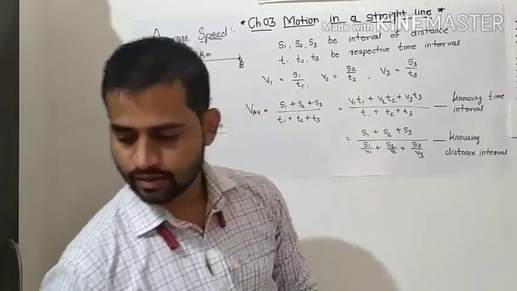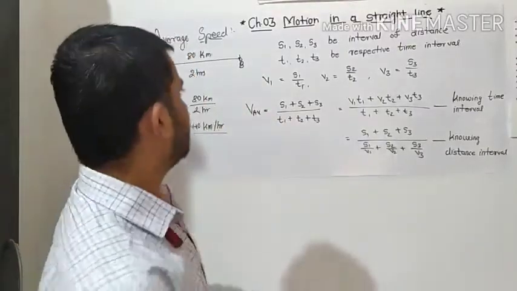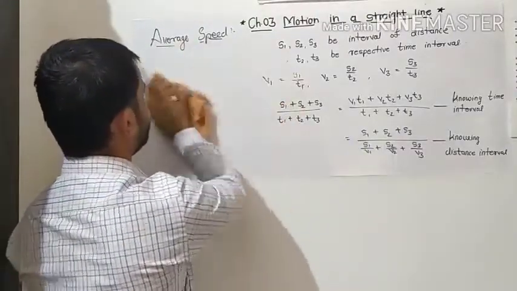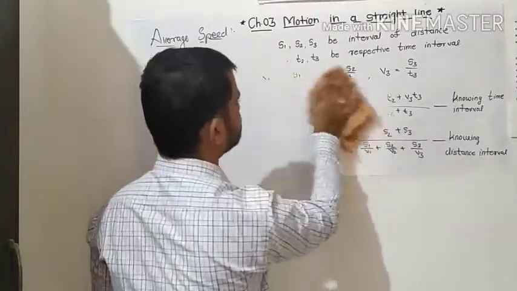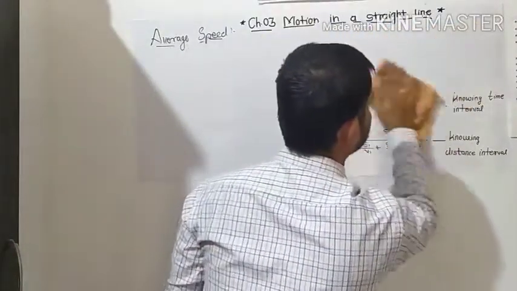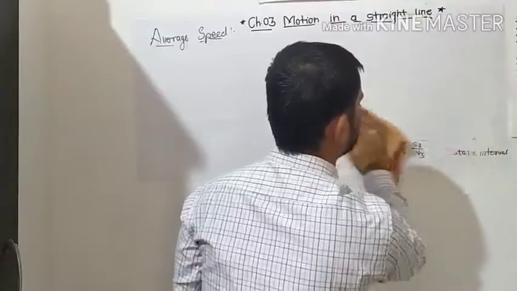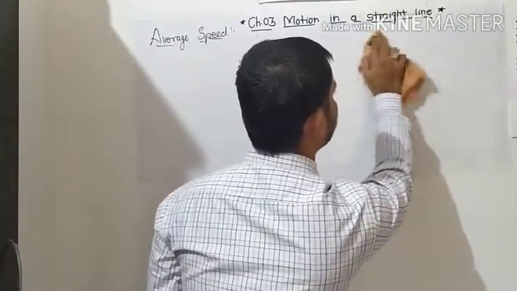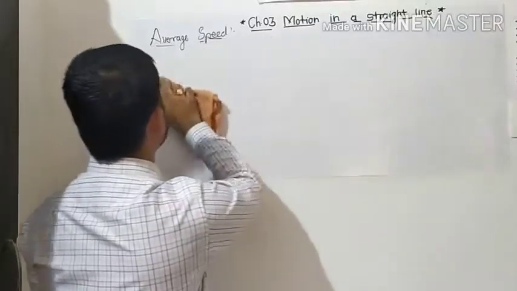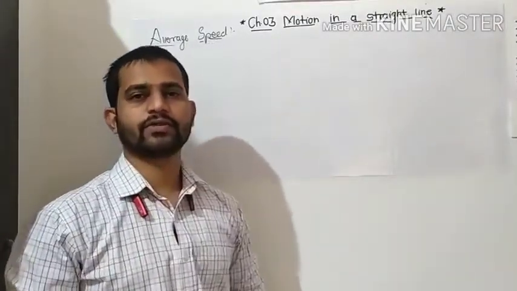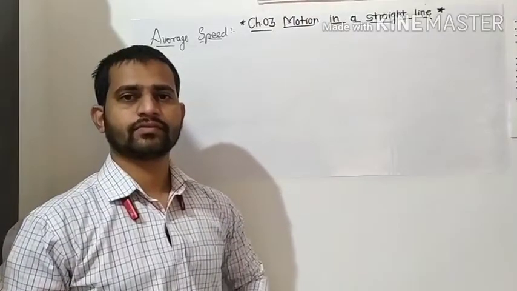A car is traveling with a speed of 60 km per hour for the first 1 hour, and 40 km per hour for the second hour.